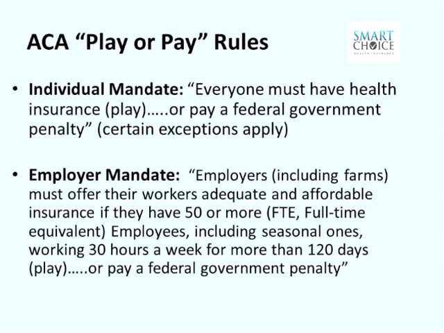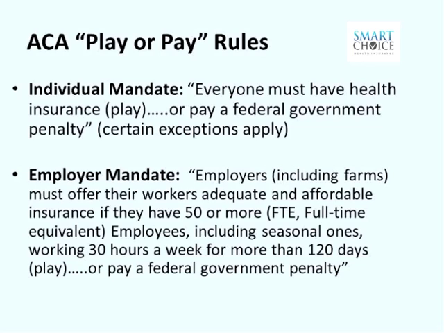Basically, the ACA has what they've termed play or pay rules. I'm going to talk about what those are. From an individual standpoint, the individual mandate says that you either play by getting and having insurance, or you pay by paying a penalty.